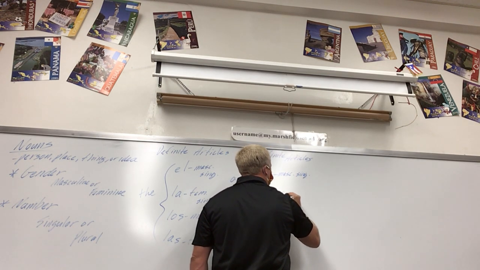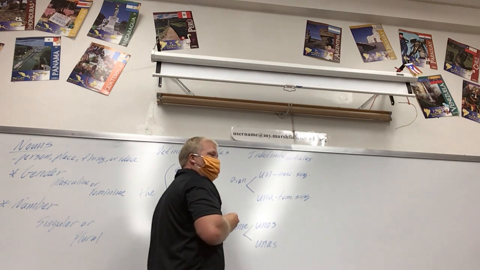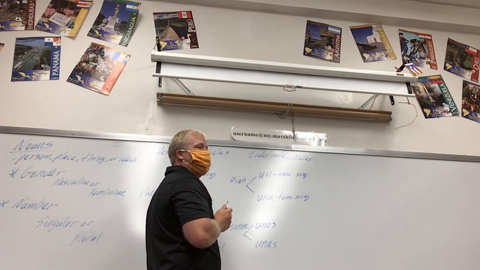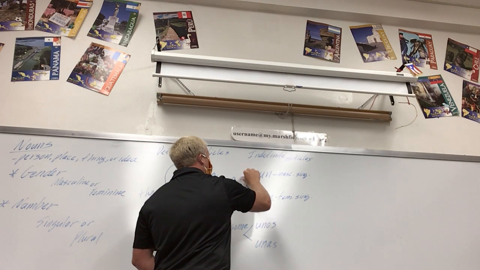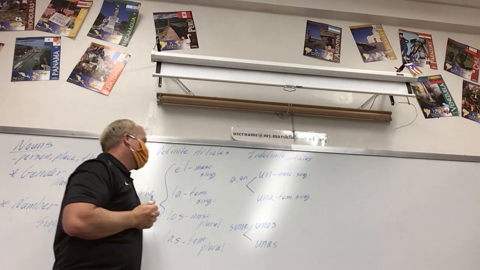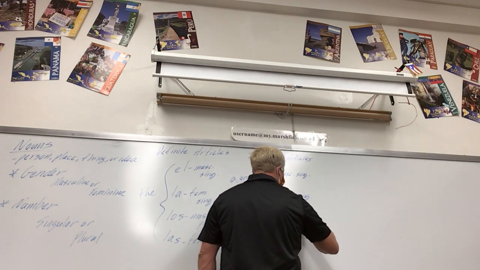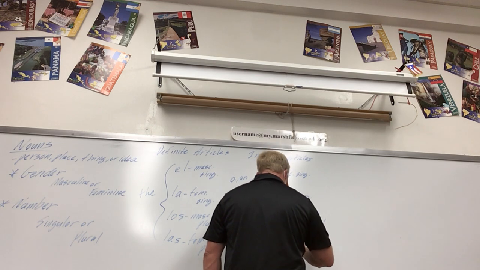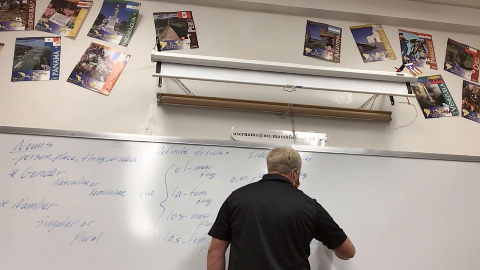Una to nouns that are feminine, singular. A comma an. They mean 2 things. A or an. Unos refers to masculine, plural, and unas to feminine, plural.